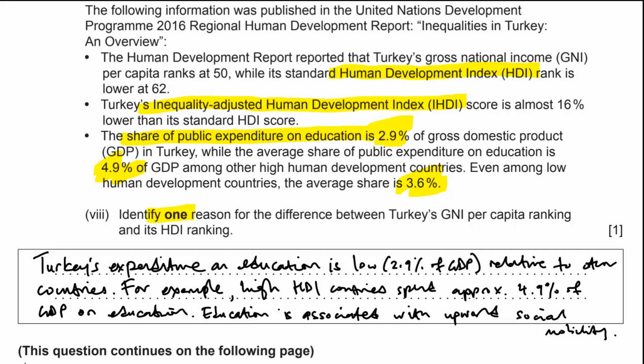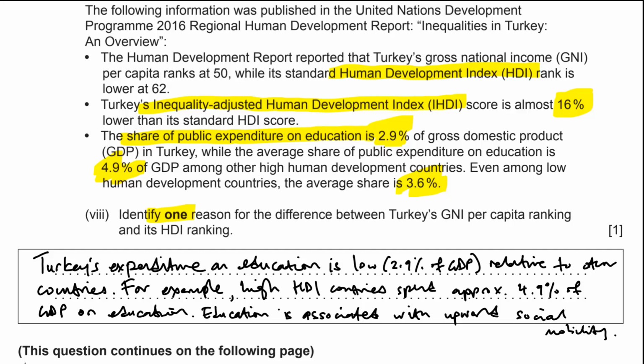If you have a country that has an inequality issue, where it's very unequal, you're going to have a low IHDI score compared to a country that did not have as many inequality issues. So here they've said, look, Turkey's inequality adjusted HDI is almost 16% lower than its standard HDI score. So they're saying that Turkey has this inequality issue relative to other, let's say, OECD or developed nations. In Turkey, the high income earners earn way more than the low income earners.